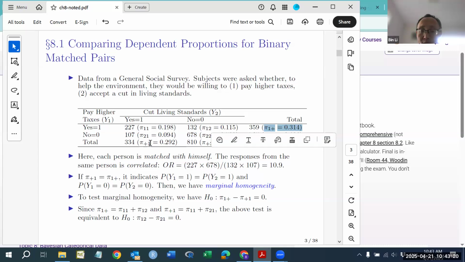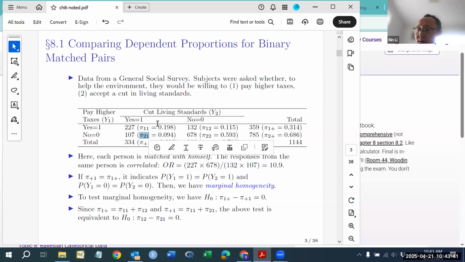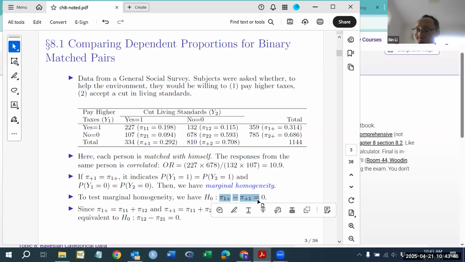And what is pi +1? Pi +1 is pi 1,1 plus pi 2,1. So both pi 1,1 and pi 2,1 answered yes for the second question, but pi 1,1 also answered yes for the first, while pi 2,1 answered no for the first question but yes for the second, right? So if we decompose it, this becomes pi 1,1 plus pi 1,2, is that right?